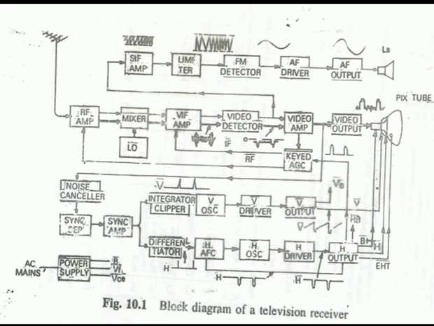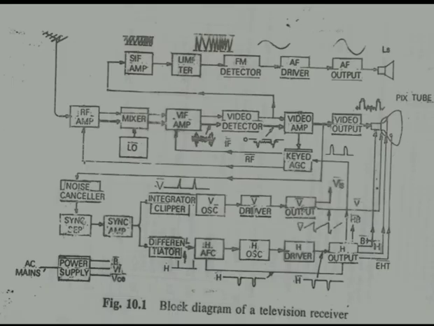Initially whatever the antenna receives is a mixed signal, that is video signal and audio signal. By using different blocks, that particular video and audio signal is differentiated. After that, the video signal is amplified, or different processes are done on the video signal, and the same processes are done on the audio signal, and it is given at the television receiver.